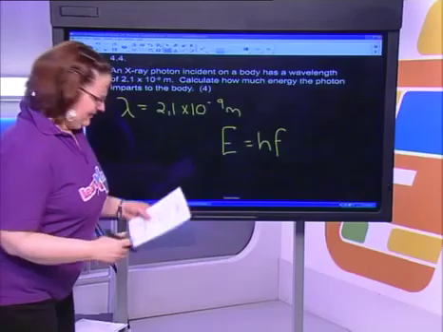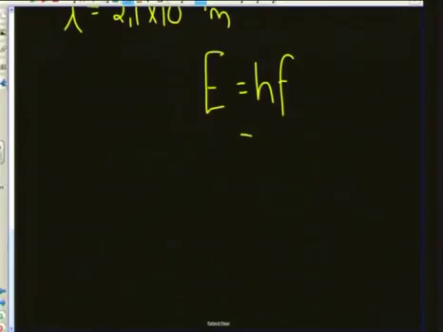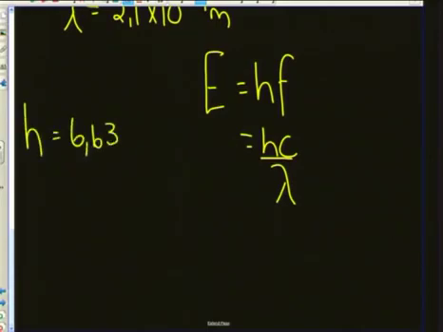We don't have f, but this equation has another form, which says we can use hc over lambda. c is the speed of light, h is Planck's constant, and h is 6,63 times 10 to the minus 34.